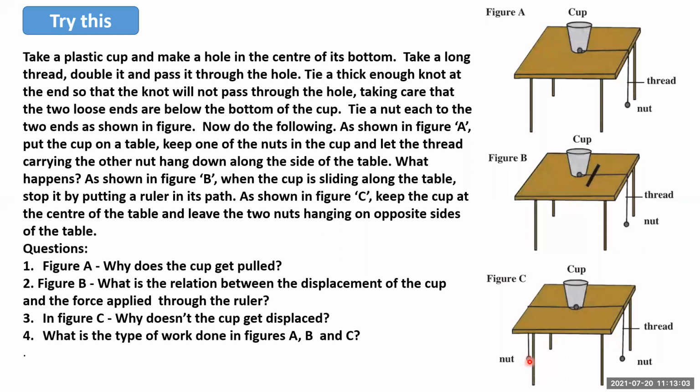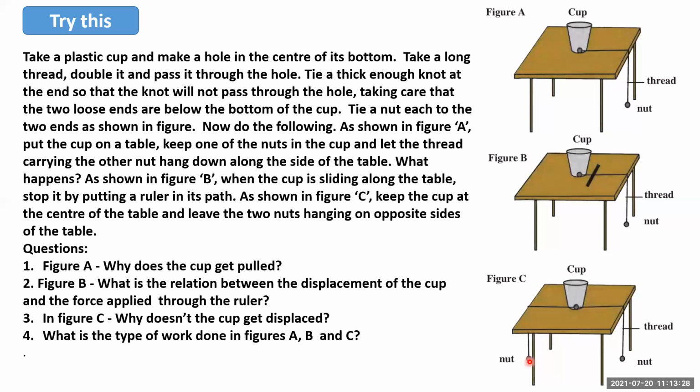In the second example, on putting the ruler there, the cup will get stopped. So even on applying the force in the downward direction, the cup will not get displaced. Displacement is zero, hence the work done is zero. In the third example also, a force is applied in the downward direction, but the cup is not displaced.